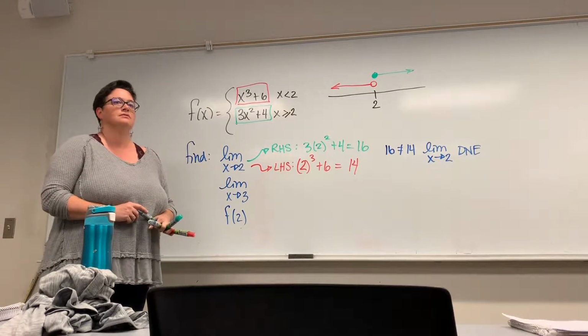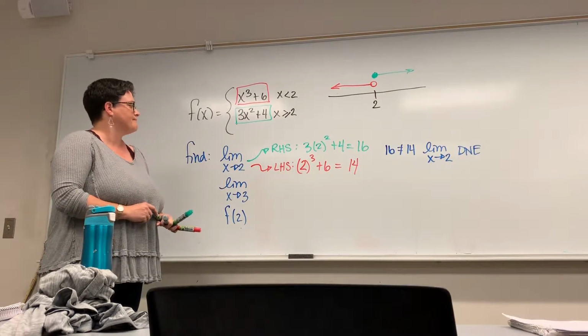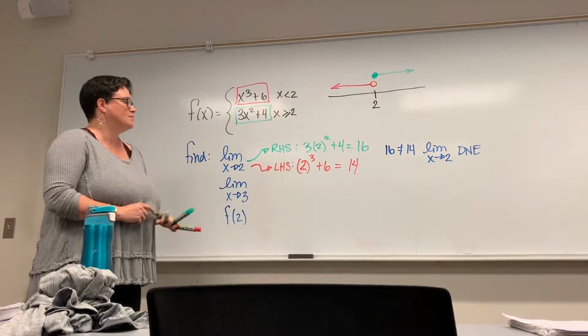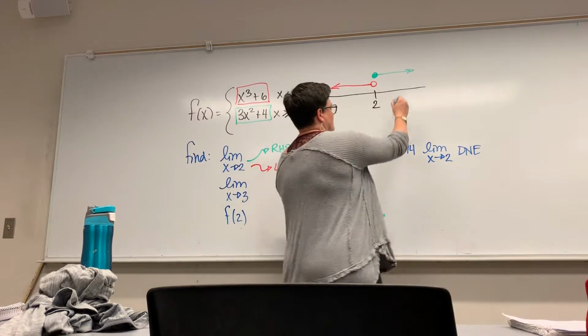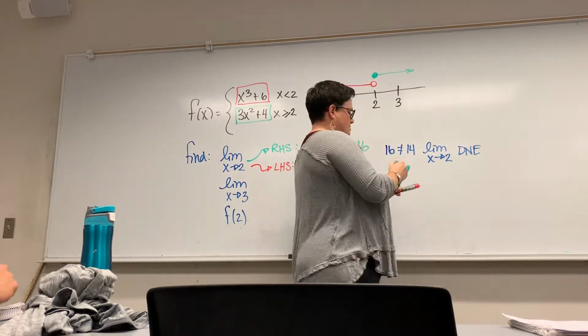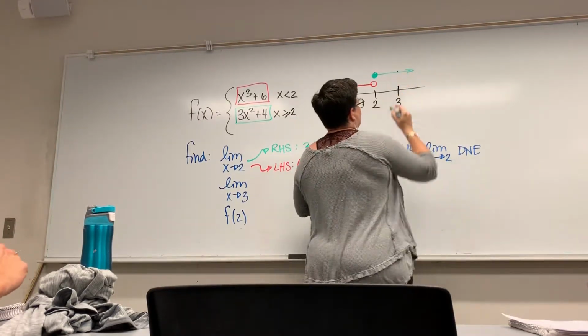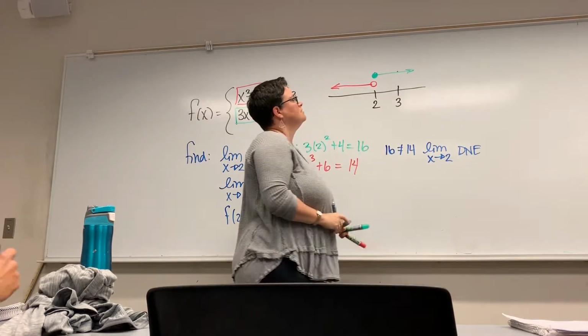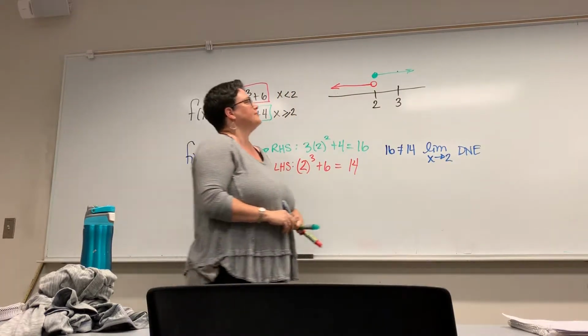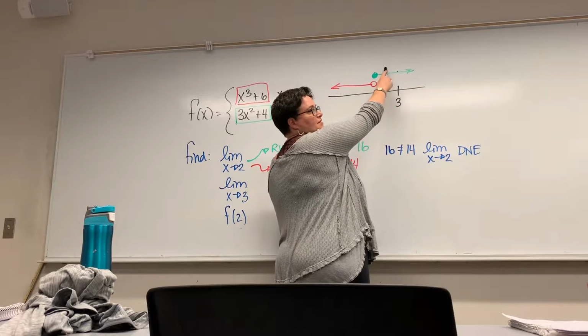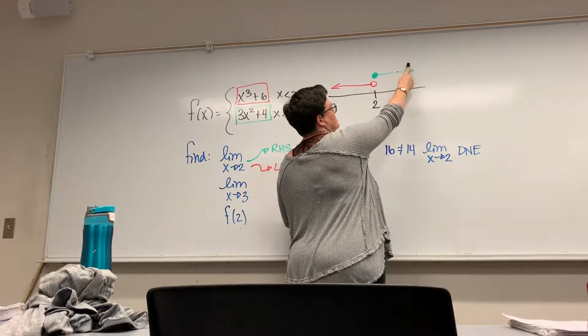That's good. All right. Limit as x approaches 3. Where's 3? 3's over here. So if we're on the function at 3, we're at that little black dot, right? Where's the car on the left? Still on the green. Where's the car on the right? Still on the green.